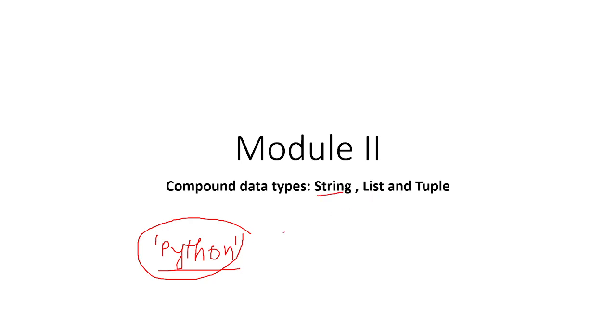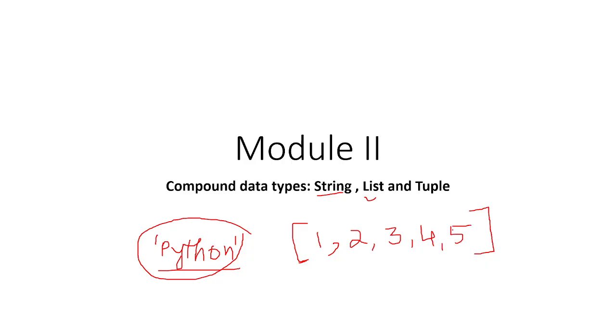Then another data type called list, where you will be embedding multiple data within square bracket. This is a symbol used to indicate list. Now I'll be using multiple data of category integer. This is my list of numbers.